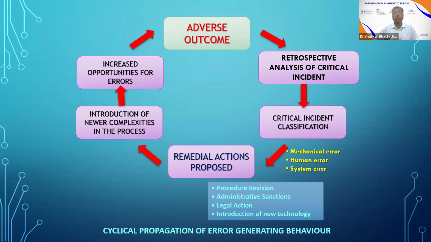So this cycle goes on. During the critical incident classification, the mechanical error, the human error, and the systematic error all have an impact, and we should immediately go for remedial action without any delay.